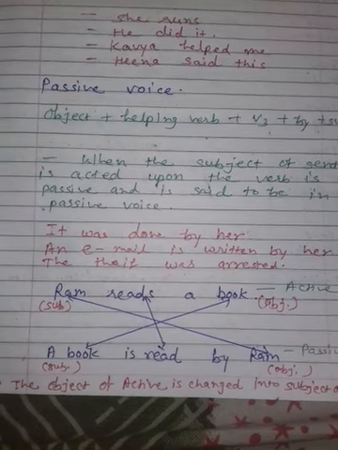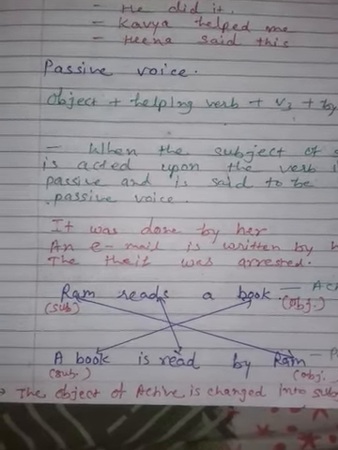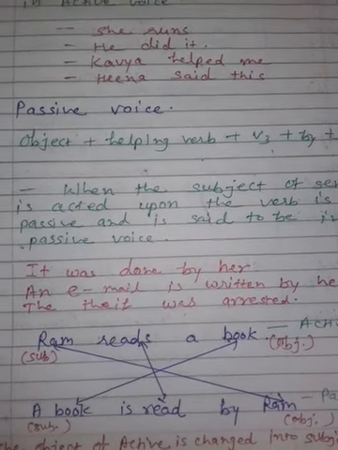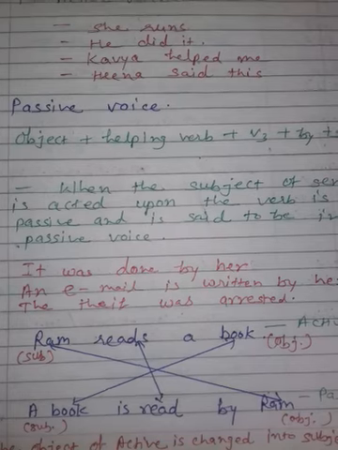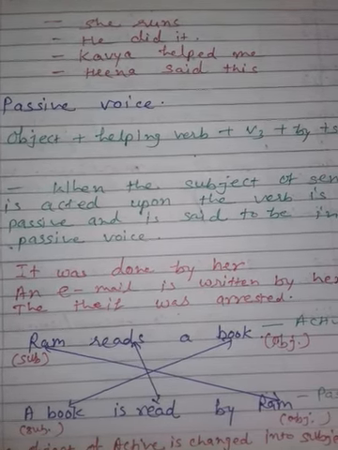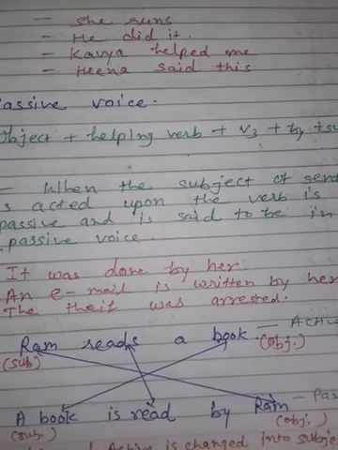You can see the examples. It was done by her. An email is written by her. The thief was arrested. By whom? It is not given there. Arrested by police.